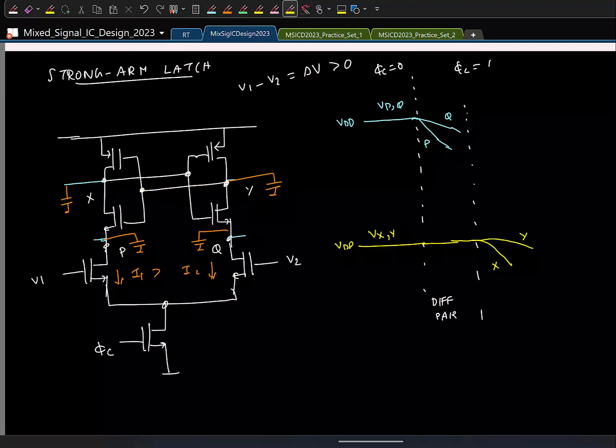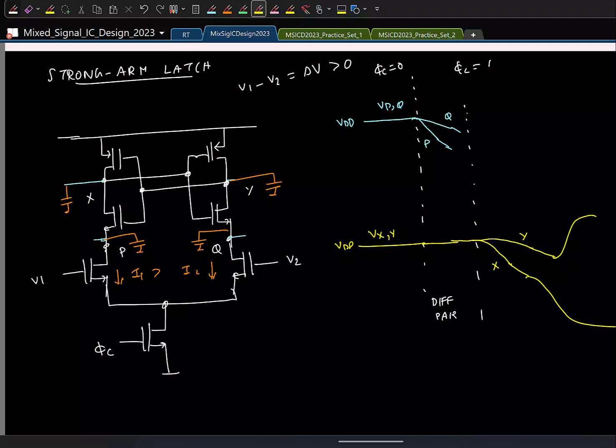Okay, and after some time, let us say at this point, which of the PMOS will turn on? X is dropping faster, this guy will turn on. So this means this will start to pump in current. What will happen to Vy? Vy will increase, and then this will happen in a positive feedback fashion.